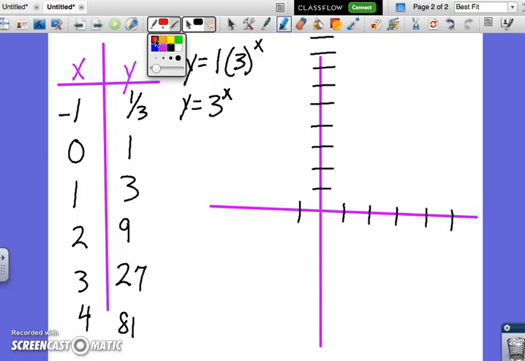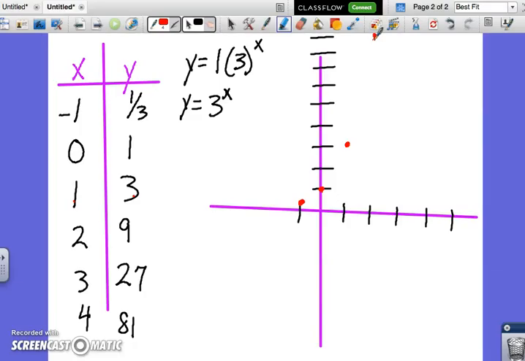At -1, we're at 1/3, somewhere up here. When x is 0, we're at 1. When x is 1, we're at 3. At 2, we're way up here at 9. Well, this thing's off the chart.